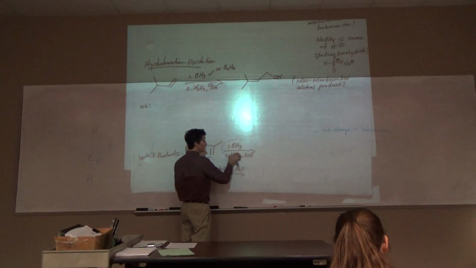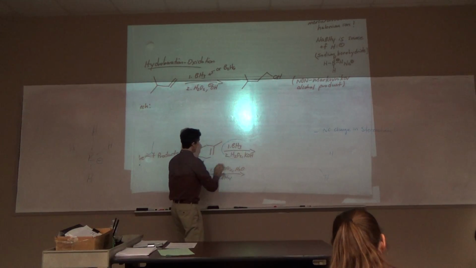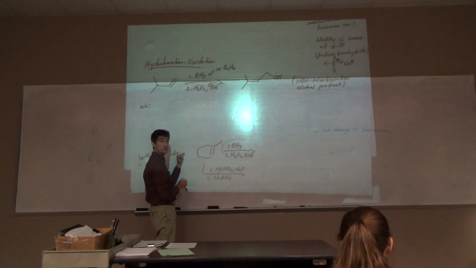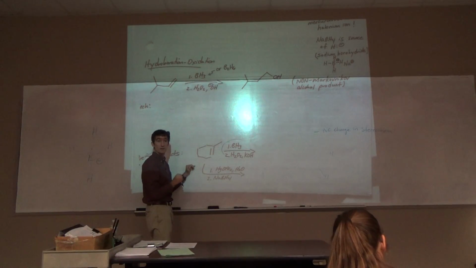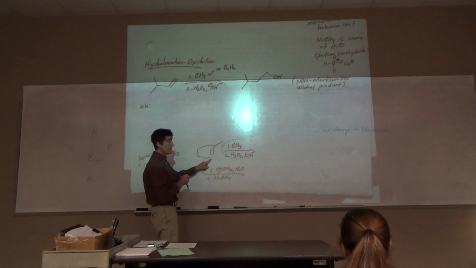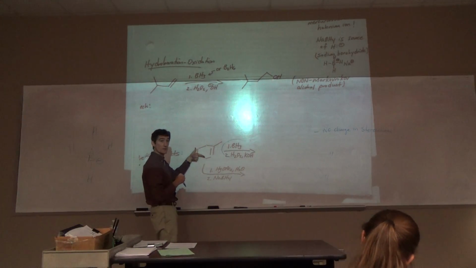This is an alkene, hydration, anti-Markovnikov. We could go through the mechanism, but is the OH going to end up on top or bottom? The OH, when we're done, is going to be on the bottom. That would be anti-Markovnikov. Now, if we want to think about where a cation would form, would the cation be on top or bottom?